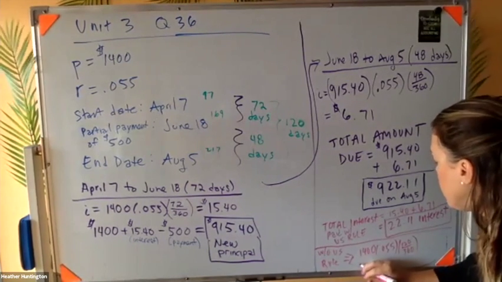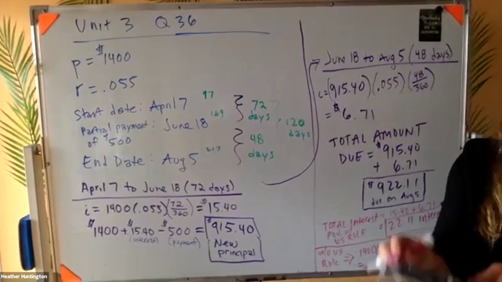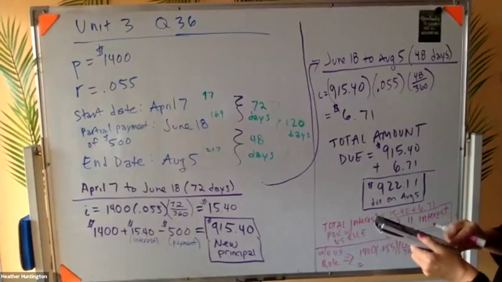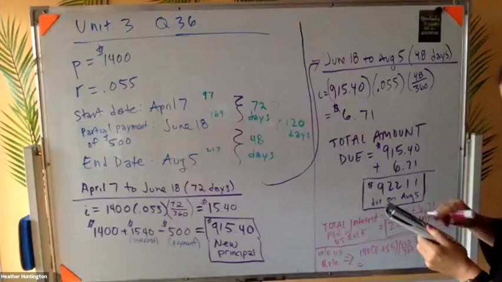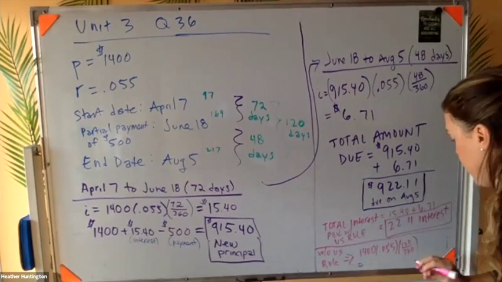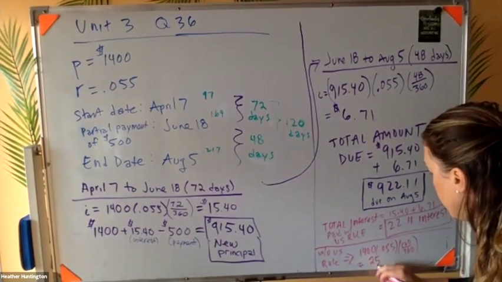This is only 120 days out of the year. So you can see how the consumer pays a little bit less now. $20.67. Good, I heard somebody, I think.